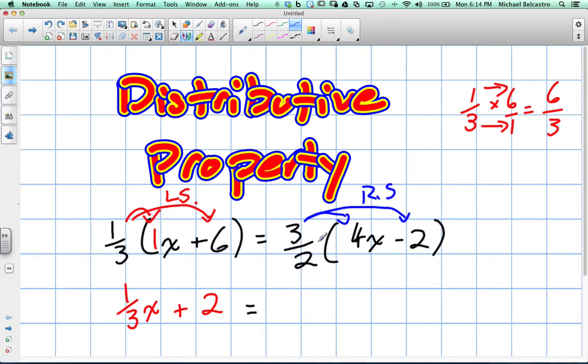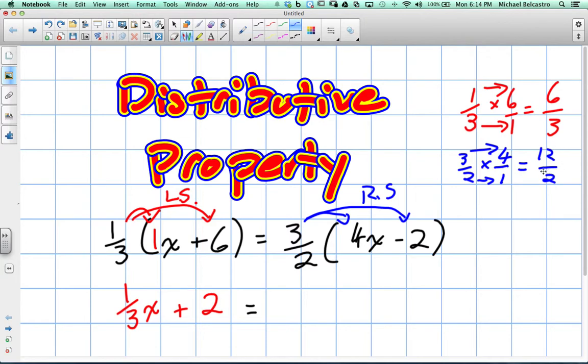Again, when we're multiplying fractions times a coefficient, we have to remember our fraction rule. So 3 over 2, and how do we turn 4 into a fraction? 4 over 1. Yeah, that's right. So we make 4 a whole number by writing it over 1. Same rules as above. We do 3 times 4, which will give us 12, and 2 times 1, which will give us 2.